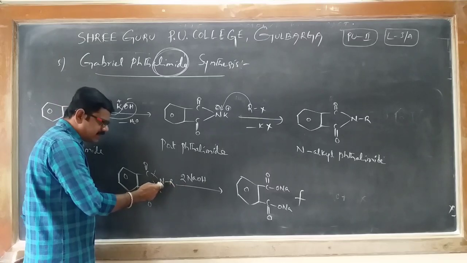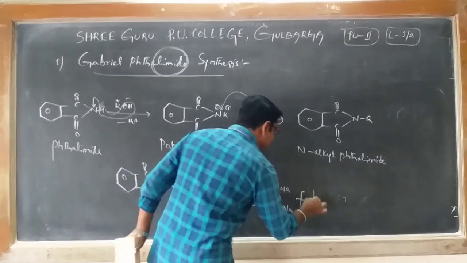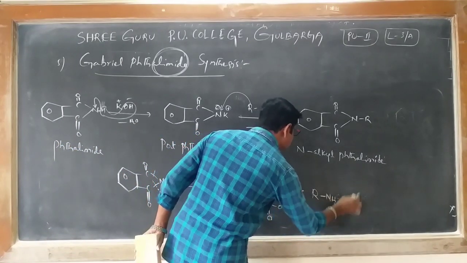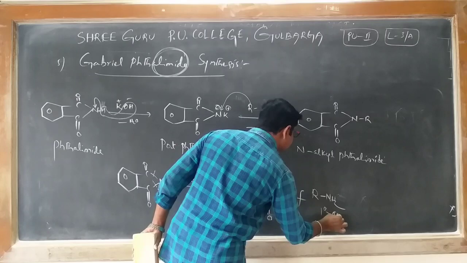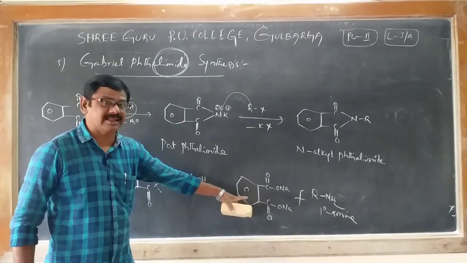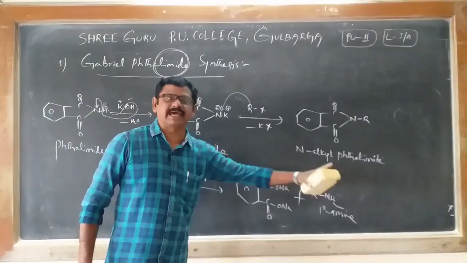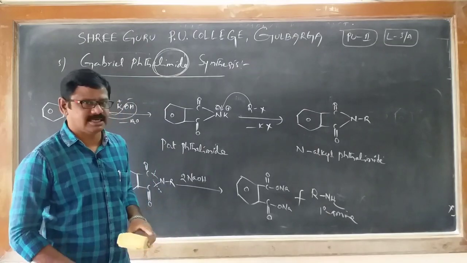This RN reacts with the 2 hydrogens, so finally we get RNH2, which is the primary amine, along with sodium phthalate. Along with that, our required primary amine is obtained.